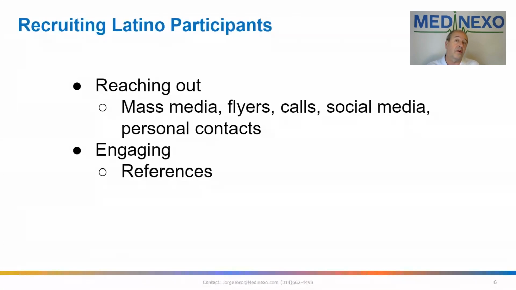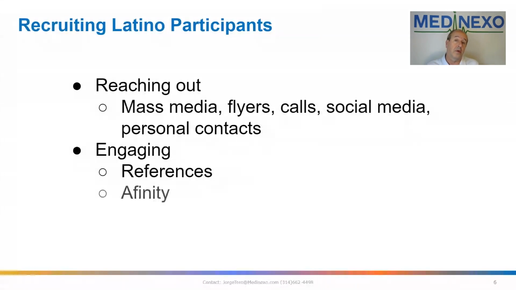So who referred you to them is important. Who you think could be the one that is working with them. And perhaps in this matter, if you are recruiting Latinos for clinical trials, recruiting Latinos through your doctor or the doctor's staff is important.